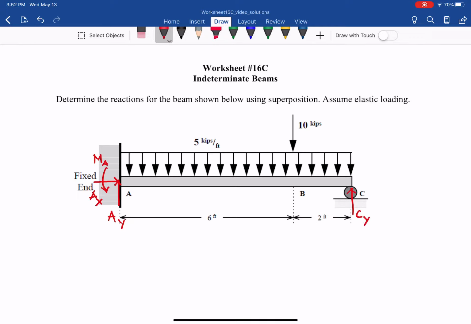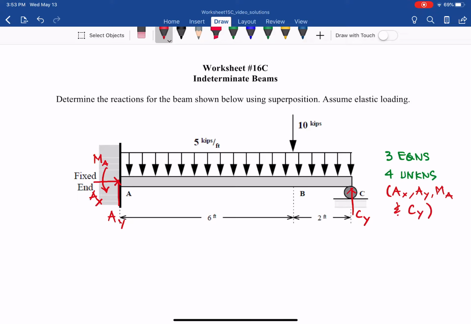And how many equations do you have, and how many unknowns? We have 3 equilibrium equations, Fx, Fy, and moment about any point. And then we have 4 unknowns, as shown there, which are Ax, Ay, MA, and Cy.